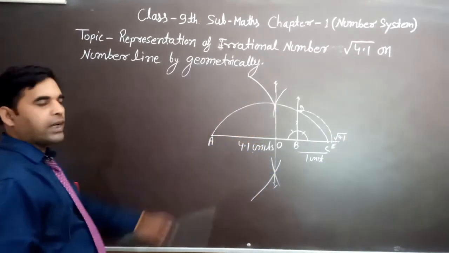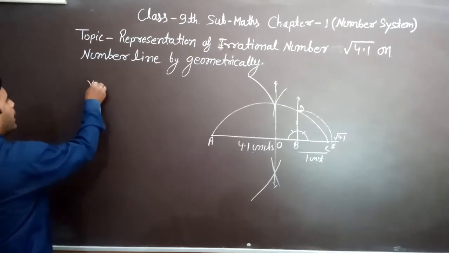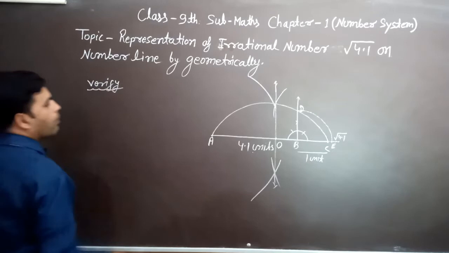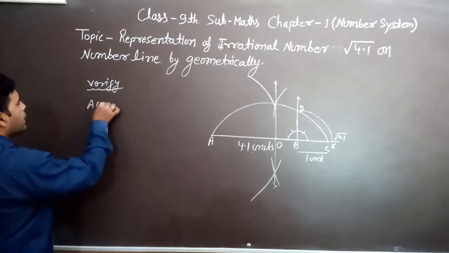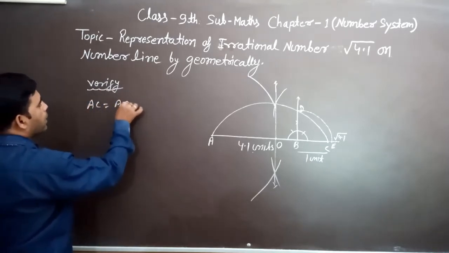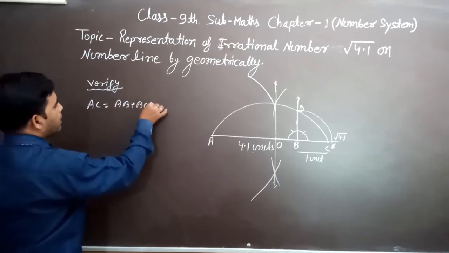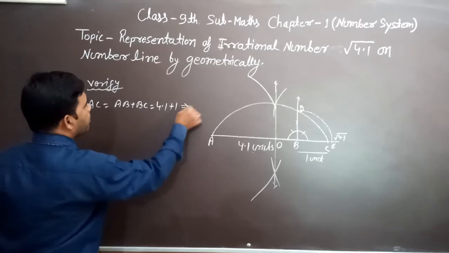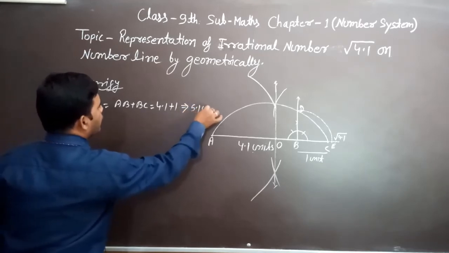For its verification, we verify it. AC is equal to AB plus BC, that means 4.1 plus 1, which is 5.1 units.